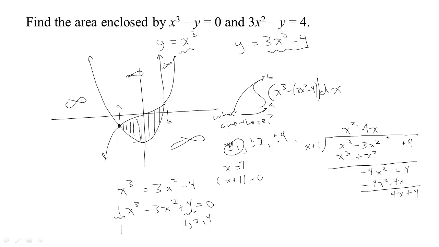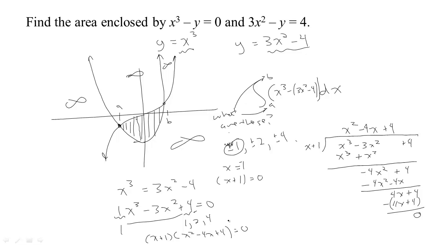Now what times x gives 4x? Well, 4 does. So we have 4x plus 4. And when we subtract that whole thing, we can see they're the same, so the remainder will be 0. Okay, so what we found is that our equation here actually factors to x plus 1 times x squared minus 4x plus 4.